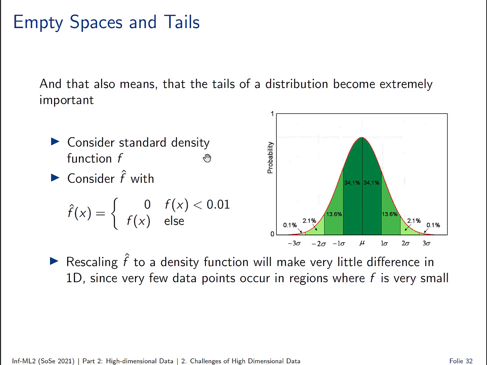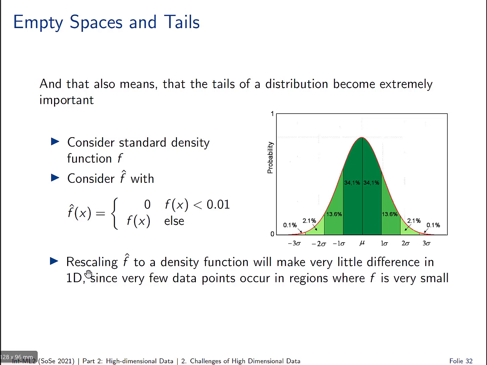So if we consider a standard density function f, with f hat here being 0 if the standard density function is below 0.01, and f(x) else, so in these areas here we record a 0, and for all the other points, we just cut the tails of the distribution and set them to 0.